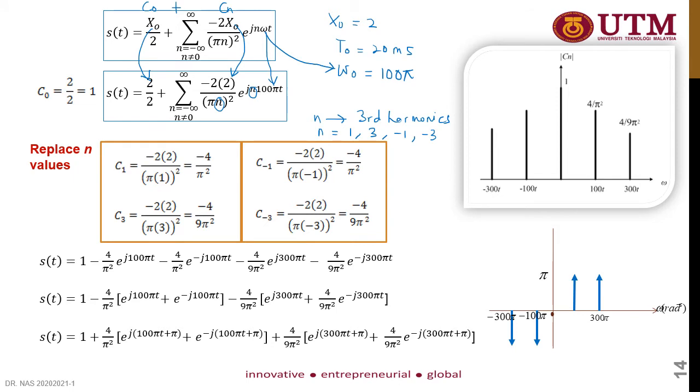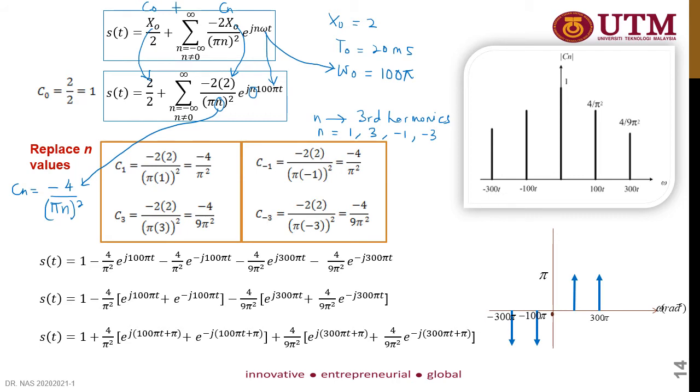So then this is the Cn. So the Cn equation is Cn equal to -4 divided by pi n squared. Okay, from here you then calculate your Cn.